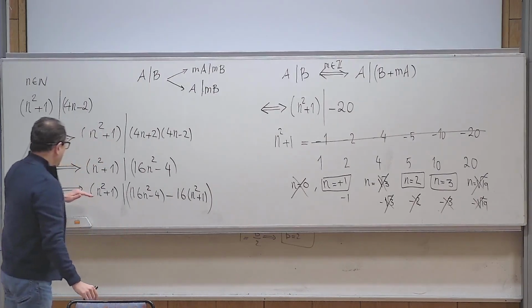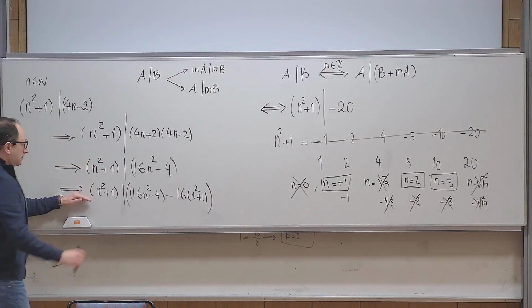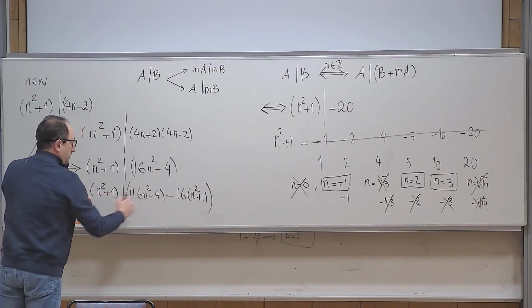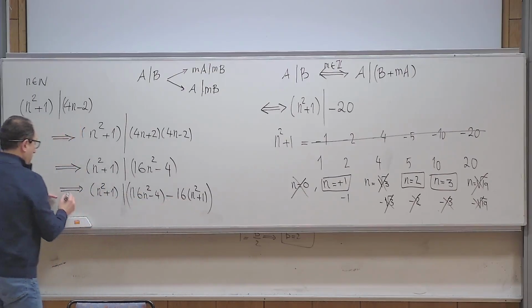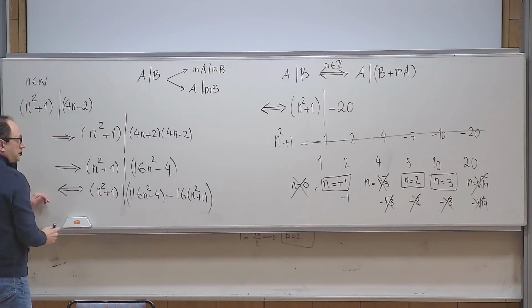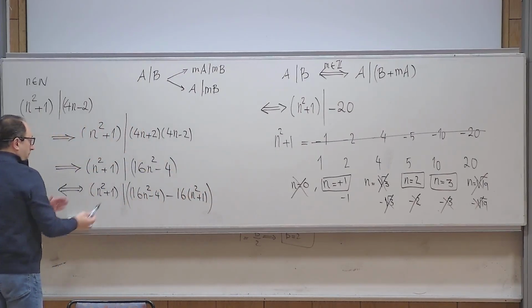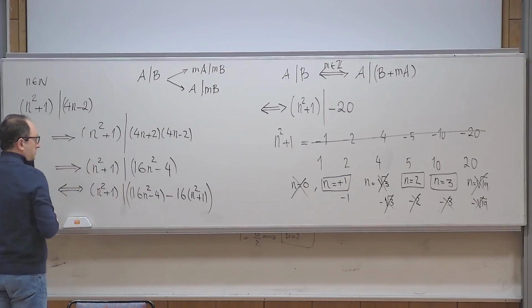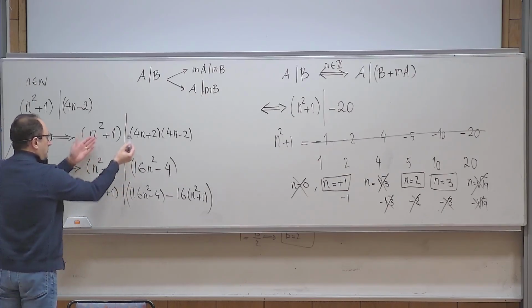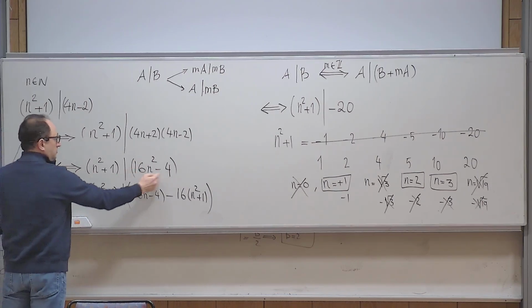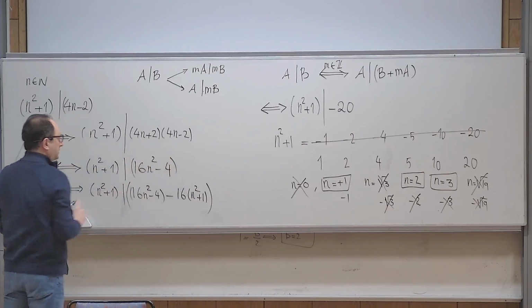So if this is granted to me, I would say that this is an integer multiple of the left-hand side, I can eliminate that. So that one is also reversible. So that one is indeed equivalent to this one, and this one is indeed equivalent to this one. Can I go backward? Again, the answer is yes, because 16n squared minus 4 can be simply written in this form.